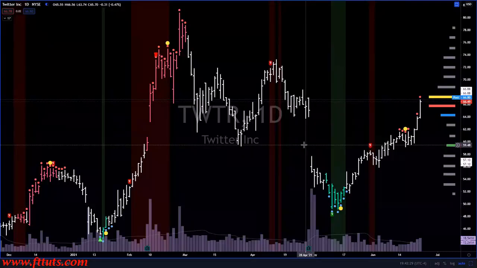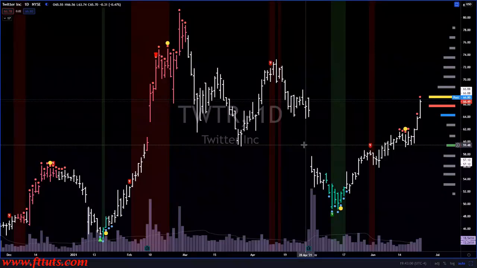Okay, doesn't mean it's going to go on to be a big winner, but you're getting an instant reaction when it triggers. All right, and obviously the strength of the move and how long that momentum lasts, that depends on other factors that we cannot foresee or control.